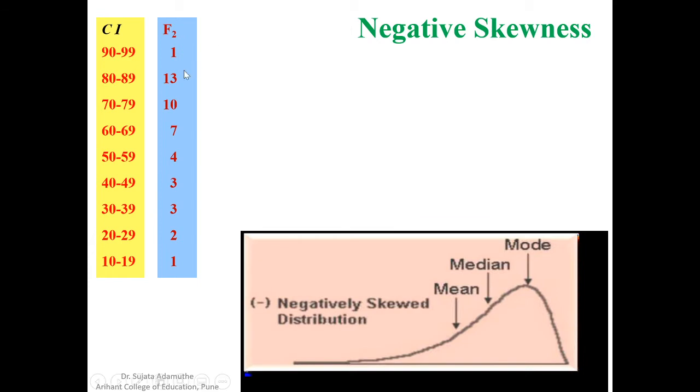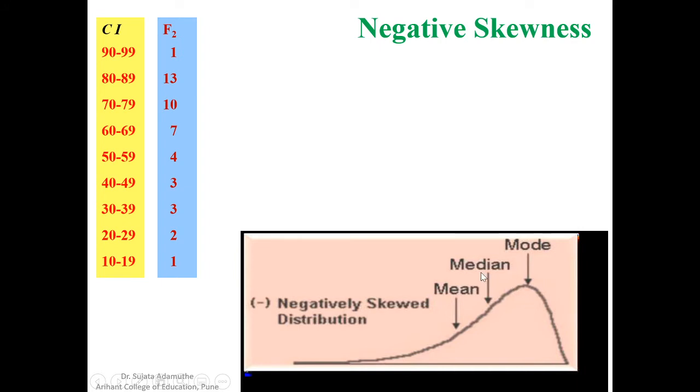See the graph here. If we observe this frequency and the graph, the 13 is at 80 to 89. That means 13 is the maximum frequency, and all the other frequencies have reduced. If we plot the graph, it will come like this. Here is the highest frequency, and you know that the mode is where the maximum frequency is concentrated, so the mode will come here.